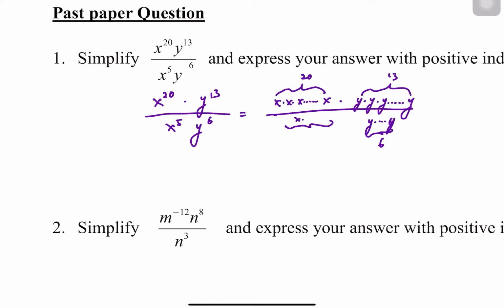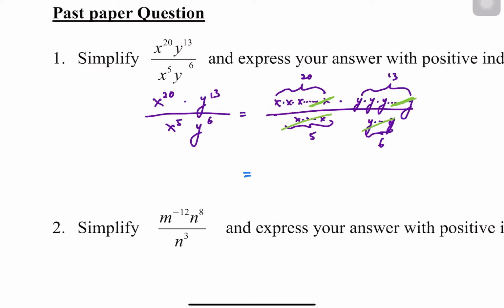And then there are 5. So by the method of elimination, I can cross out 5 x's and then 6 y's. The number of x's remaining is 15.